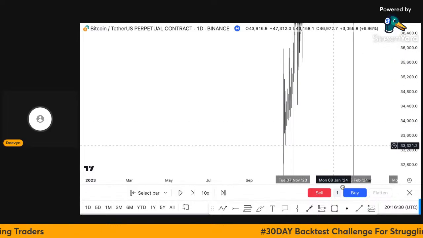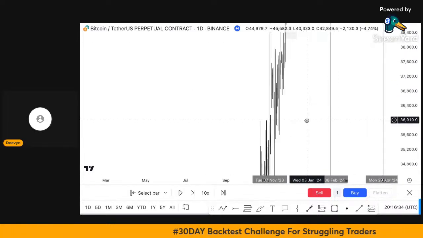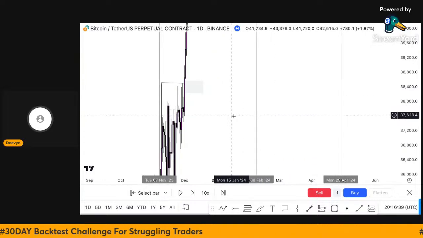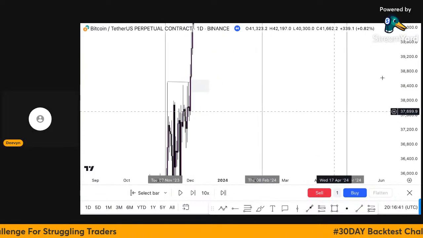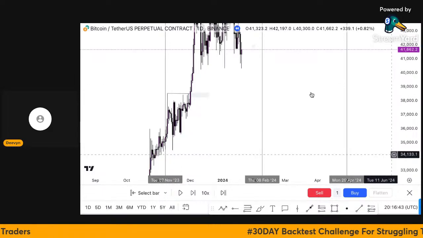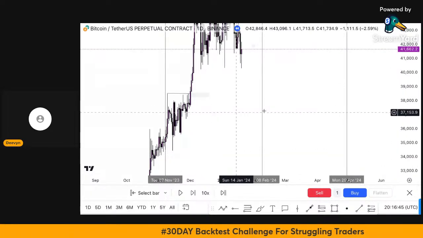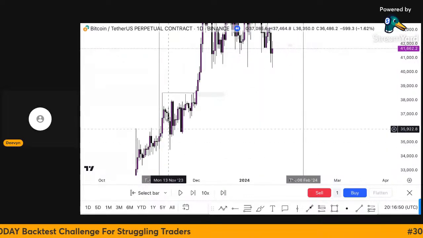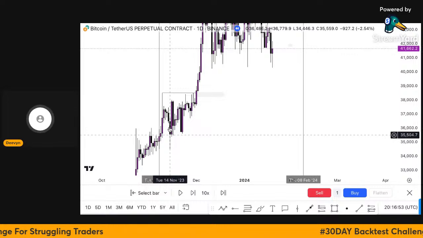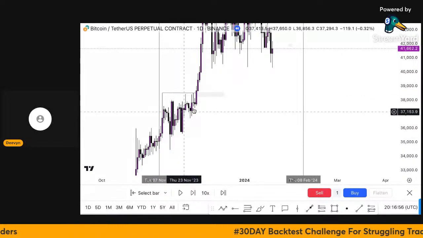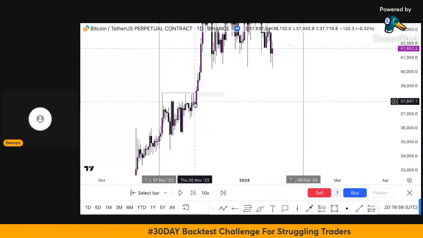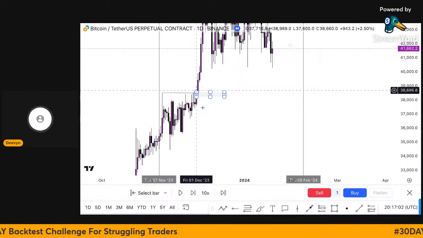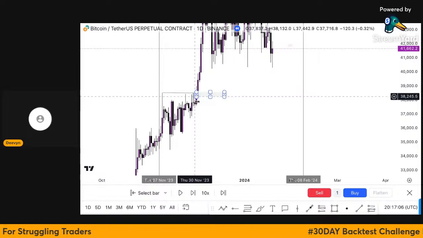So on the daily time frame, you can see there had been a series of choppy price action, and at this point this is another block, but the engulfing candle was what broke above structure.